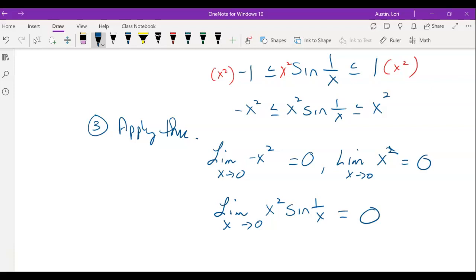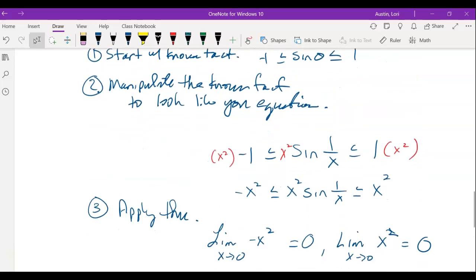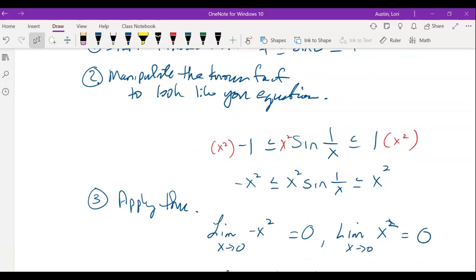So, for this particular problem, it is hard to know when to use squeeze. I would say when you have a sine or cosine function, and there's no other manipulation you could do, like that particular x squared times sine of 1 over x, there's no identity that's going to help us there. Okay? There's nothing that can actually help us.